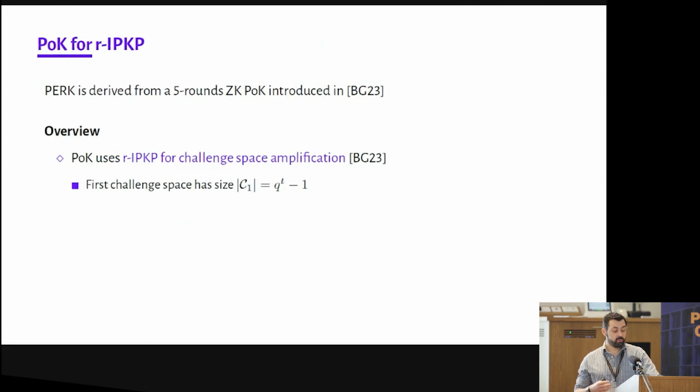We do this in order to implement the challenge space amplification technique, which allows us to have a big first challenge space size, in our case q to the t minus 1. And why do we want to do this? Because this has a direct implication on mitigating the Kales-Zaverucha attack on 5-round proofs of knowledge. So this motivates the use of the RIPKP rather than, let's say, the full PKP.